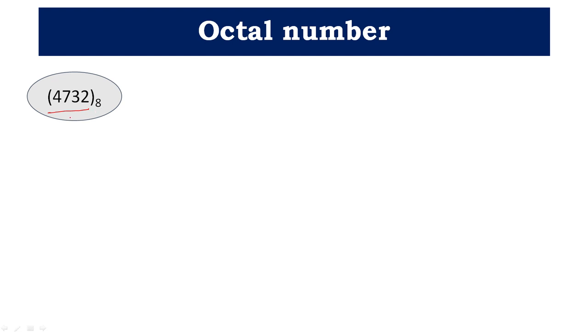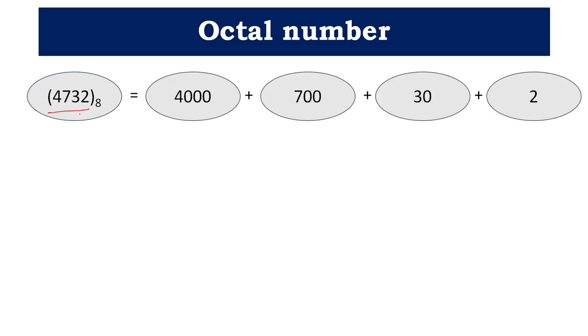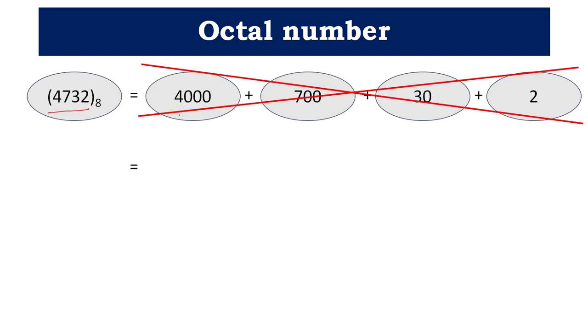And remember that this number cannot be read as 4732 as 4 is not having a value 4000, and 7 as 700, 3 is 30 and 2 is 2.